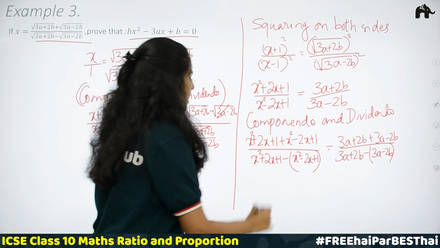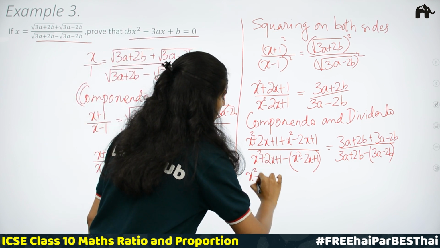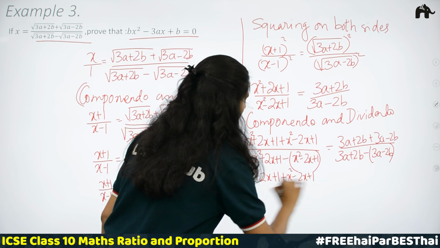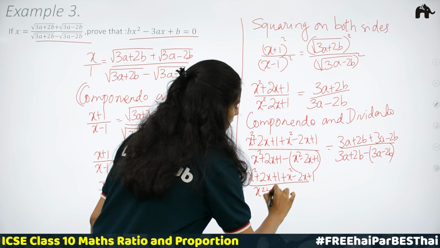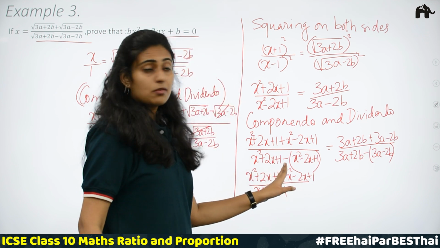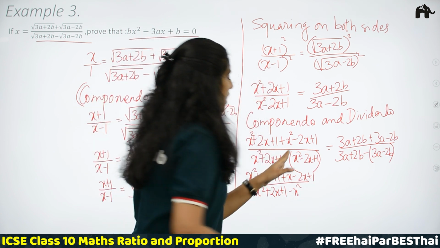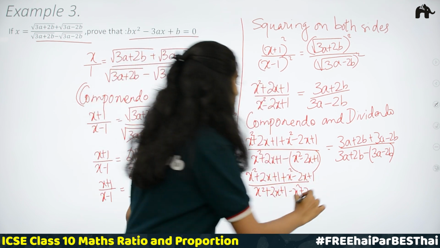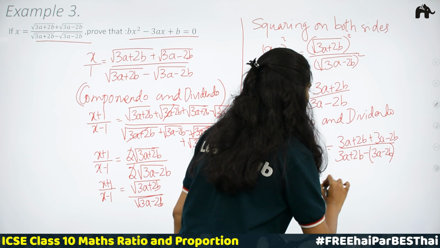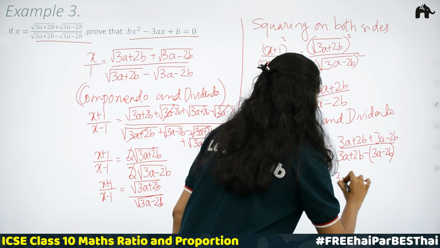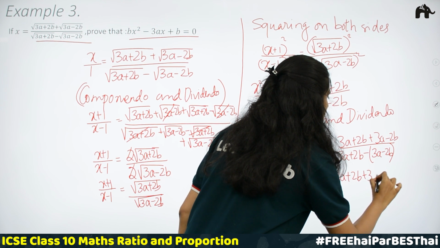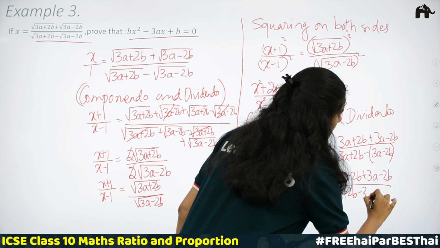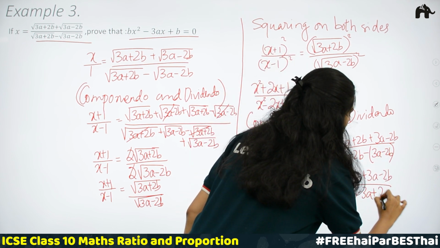Okay. Here this can be written as (x square plus 2x plus 1 plus x square minus 2x plus 1) divided by (x square plus 2x plus 1 minus x square plus 2x minus 1), that is equal to (3a plus 2b plus 3a minus 2b) divided by (3a plus 2b minus 3a plus 2b).